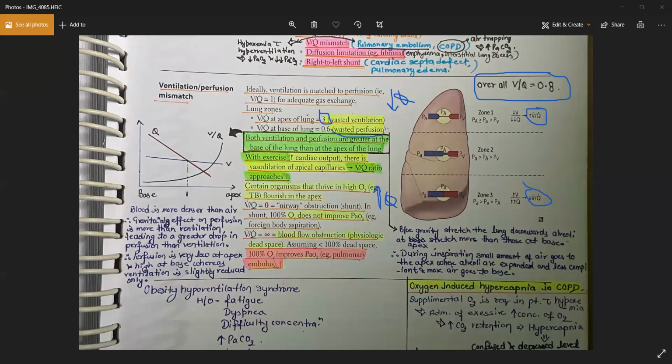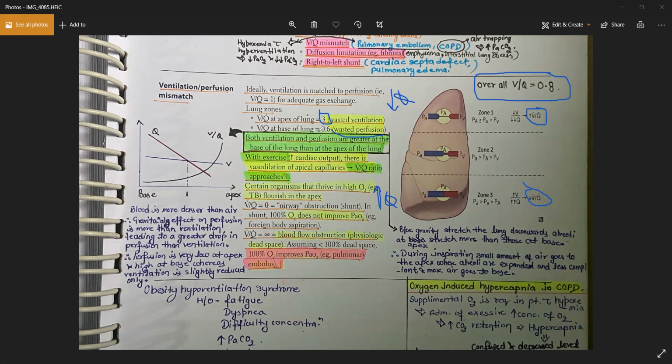So at the apex, wasted ventilation. At the base, wasted perfusion. 0.6 is the VQ at the base. So both ventilation as well as perfusion are greater at the base of the lung than the apex, but the ratio again changes in the conditions.